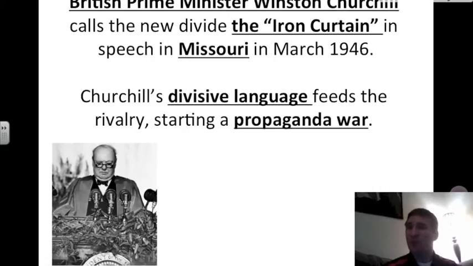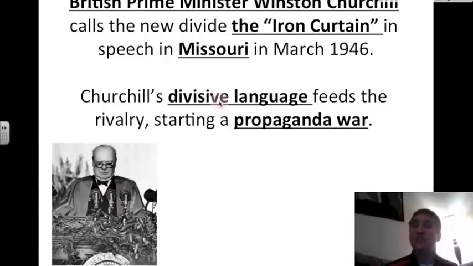One man helped make the rivalry even more bitter. His name, British Prime Minister Winston Churchill. Here he is. He calls the new divide between the Soviet Union and the U.S. the Iron Curtain in a speech in Missouri in March 1946. And here he is at the lectern actually giving that speech.